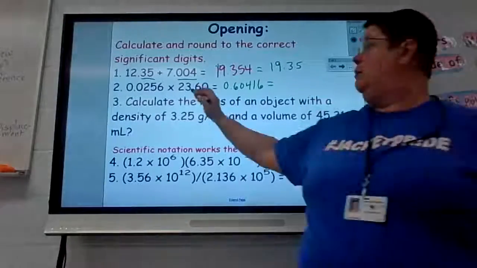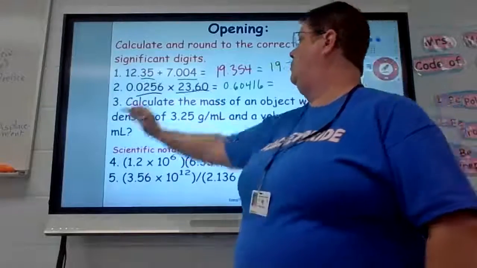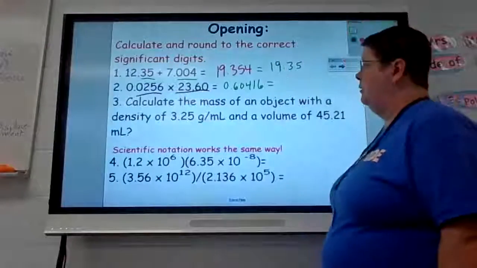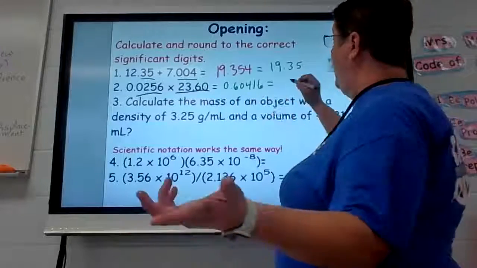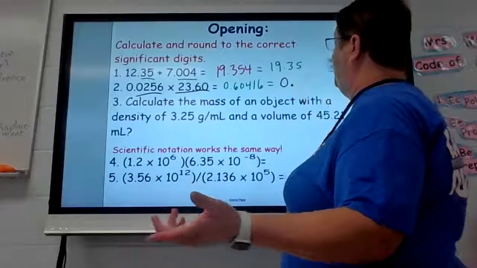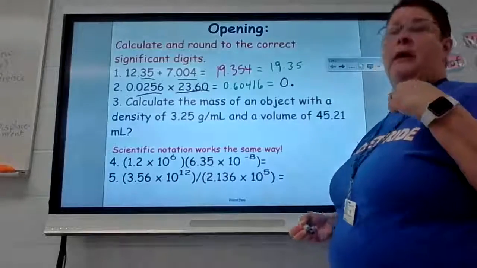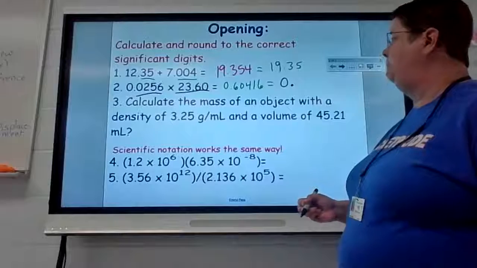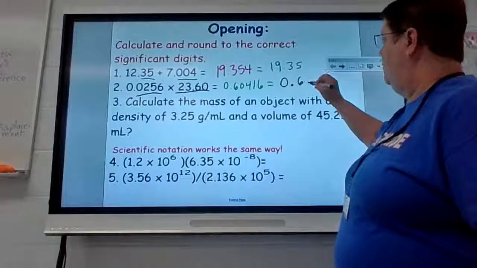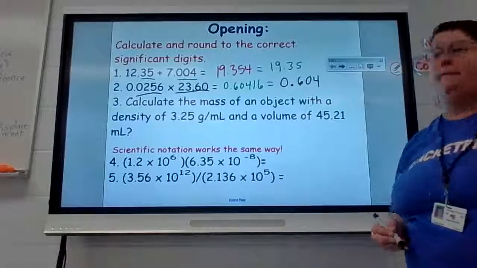How many do I have here? 3. And here? So I only want how many? Does that first zero count? You can choose to write it or leave it off, either one. I typically do only because I'm emphasizing the decimal in class, but if you don't want to write it, it's fine. All right, and then I keep what? 604. Everybody go with that?